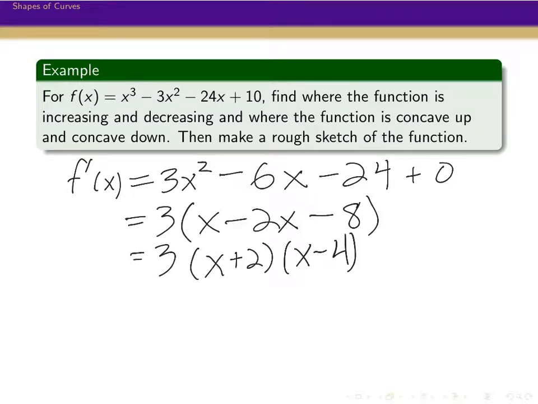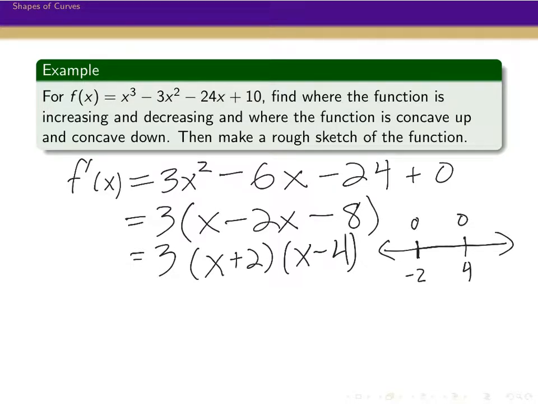Okay, so this quadratic has zeros at minus 2 and at 4. So it's 0 at both of these. And now we've got to figure out what it is to the left of minus 2, in between minus 2 and 4, and over to the right of 4. Easiest way to do this maybe is to just plug in a point, right?